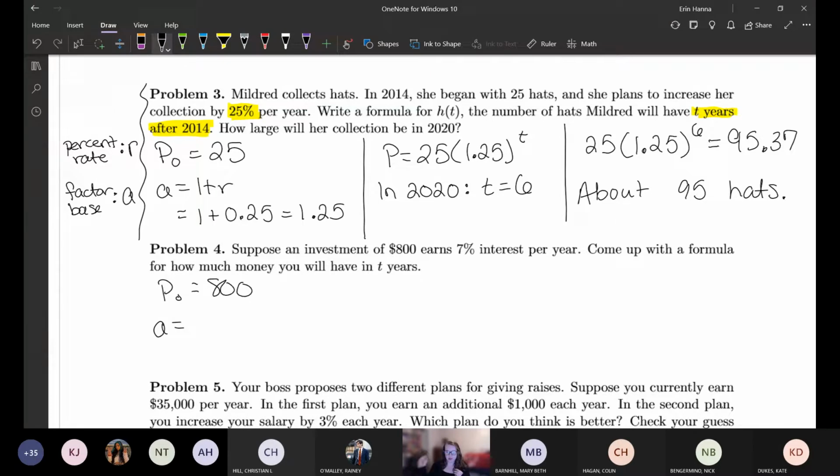We're increasing because the interest makes it go up by 7%, so our r value would be 0.07. So the a value is 1.07. Okay. So our equation is 800 times 1.07 to the t.